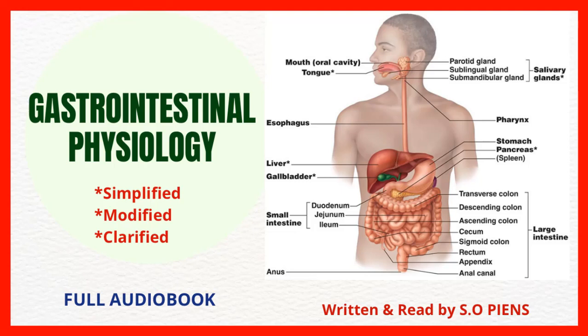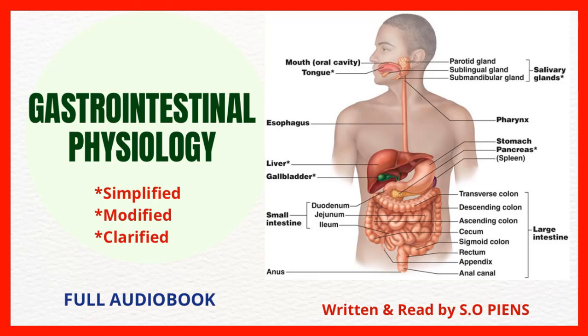All right, let's talk about the GI movements. The GI movements are basically contraction and relaxation. So when we go from the oral region to distal parts, we talk about mastication, that is chewing. We talk about deglutition, that is swallowing.